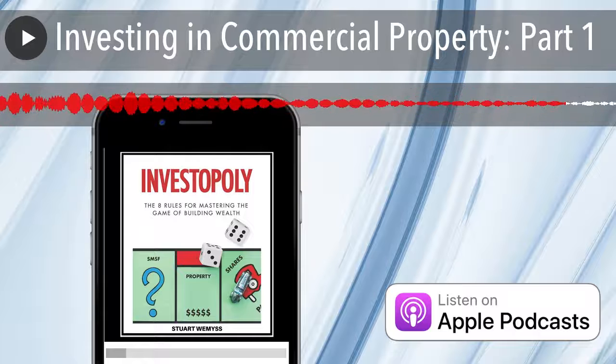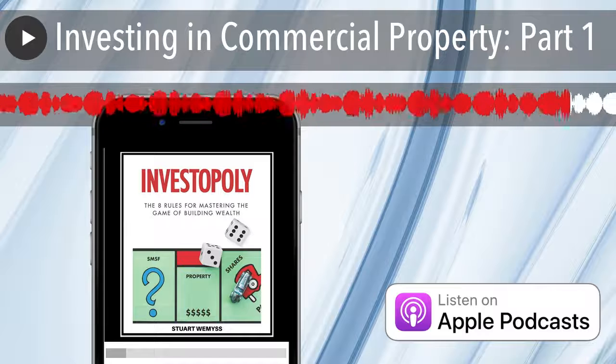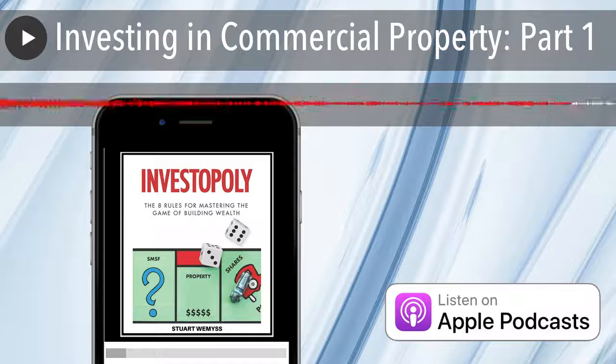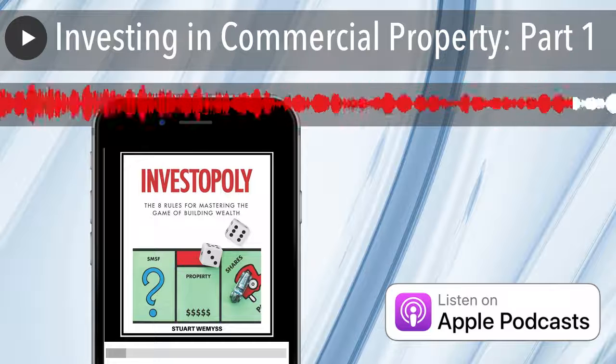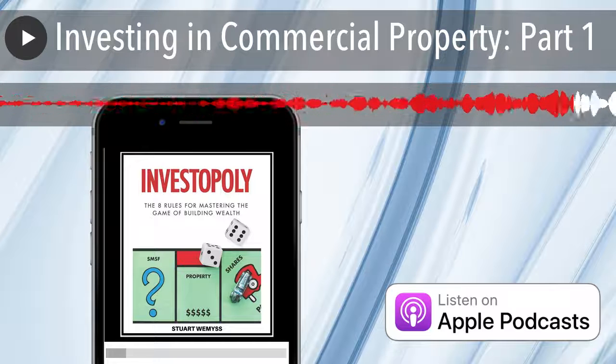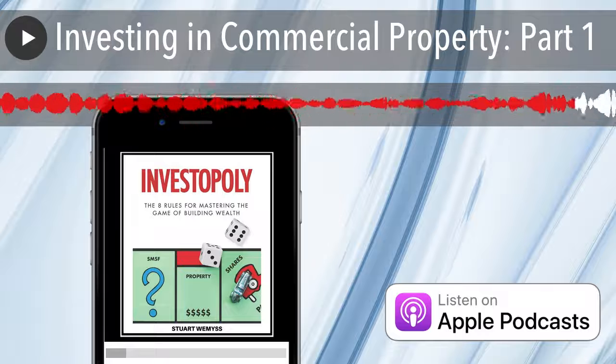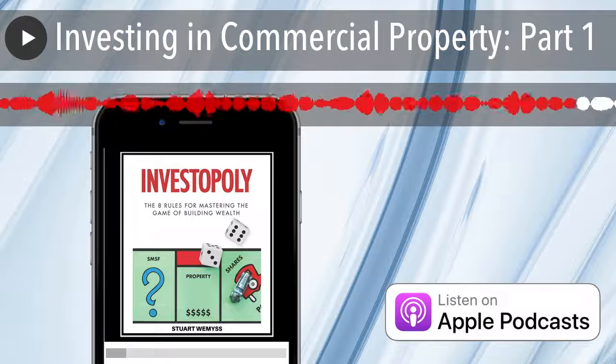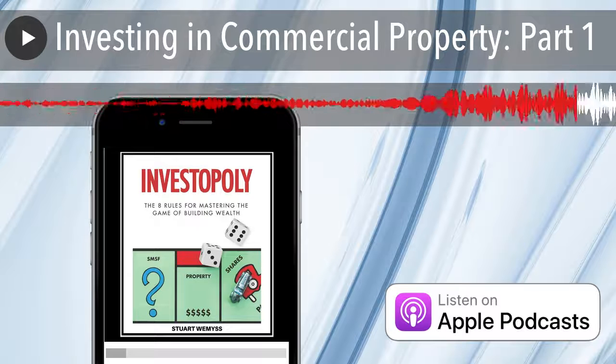Secondly, commercial property is higher risk compared to residential. And the reason for that is that commercial property values can be impacted by the vagaries of the prevailing economic climate. That means you could have long periods of vacancy, no income, volatility in value, all those sorts of things. Whereas with residential property, it's a necessity.